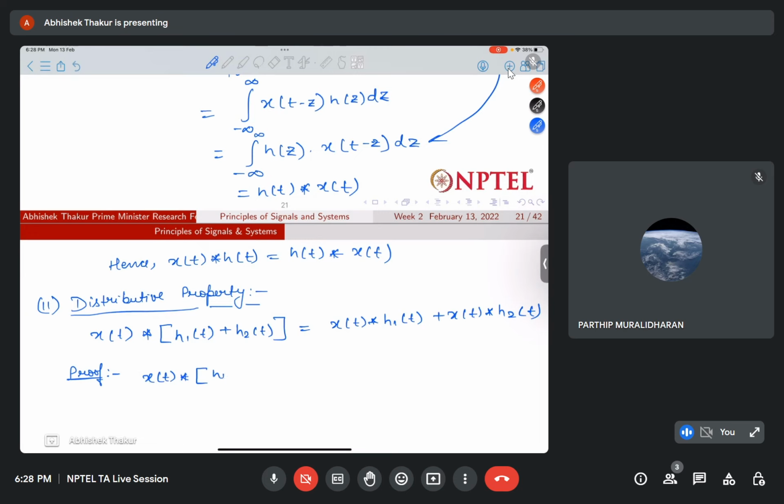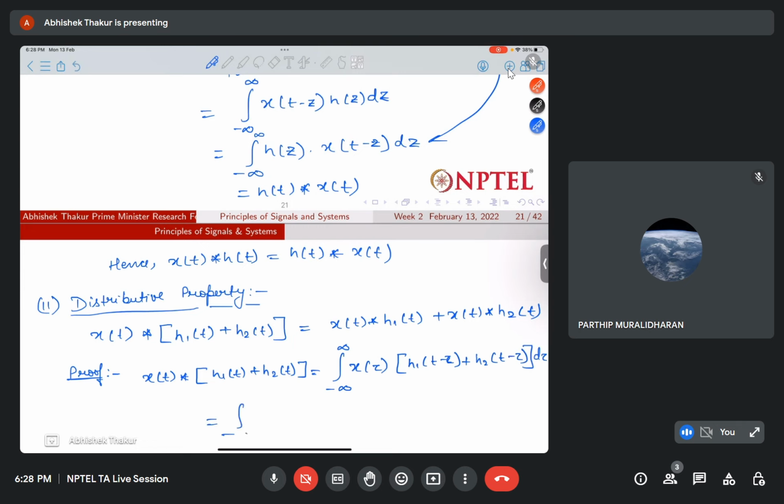So x(t) convolution [h1(t) plus h2(t)] can be given as integral from minus infinity to infinity of x(tau) into [h1(t minus tau) plus h2(t minus tau)] d tau.